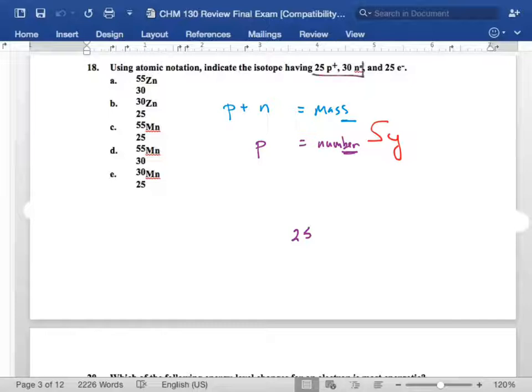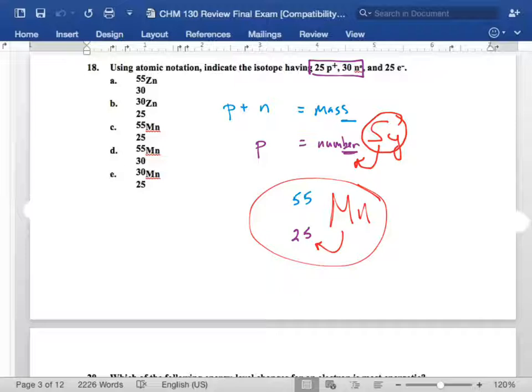I have 25 plus 30, 55. What determines the symbol? Where does the symbol come from? The atomic number. So I would use the periodic table, 25. The symbol is Mn.